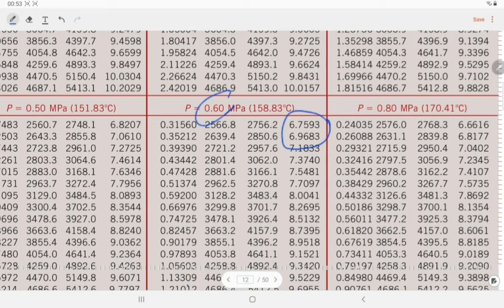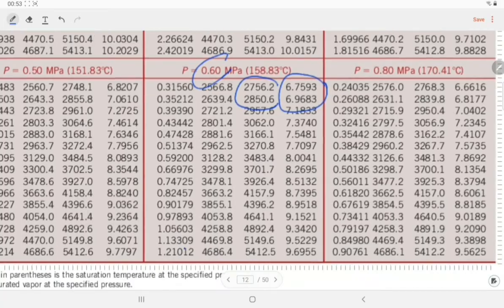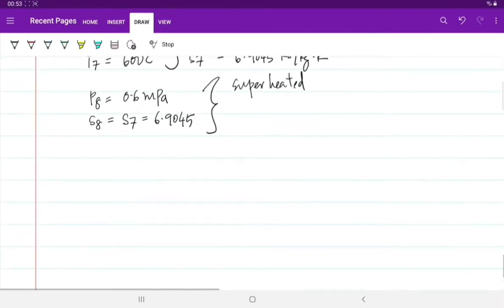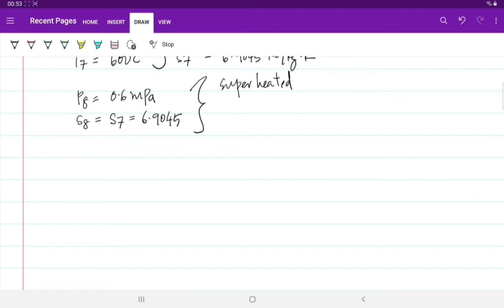We are interpolating the entropy and also enthalpy. So to make things clear, you can just put in enthalpy and entropy.